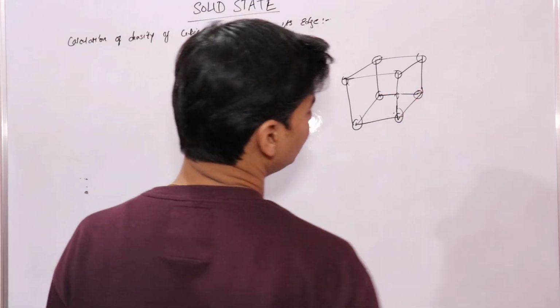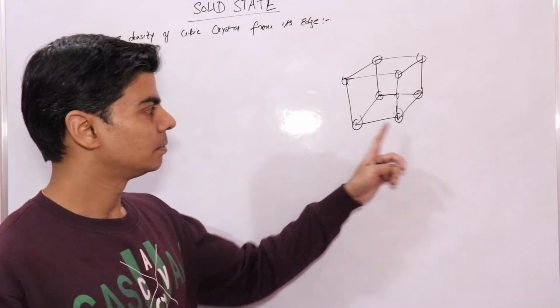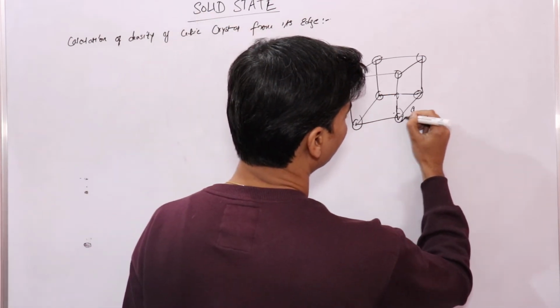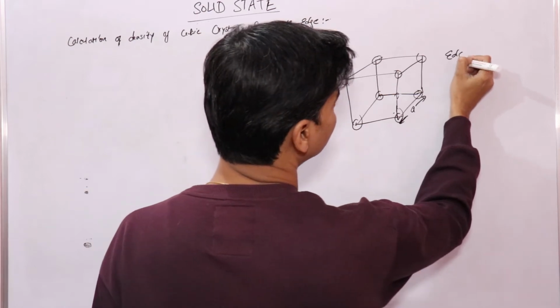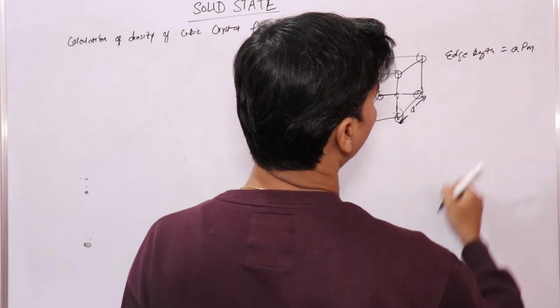Now let's say using diffraction technique, we found that the edge length of this cubic crystal system is a, right? Its edge length is equal to a pm, right?